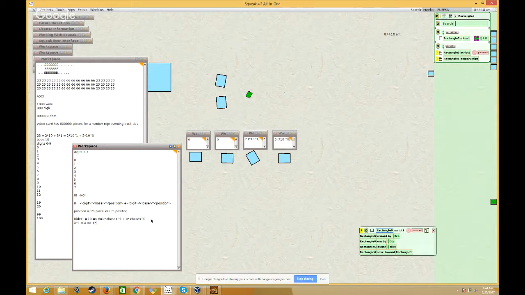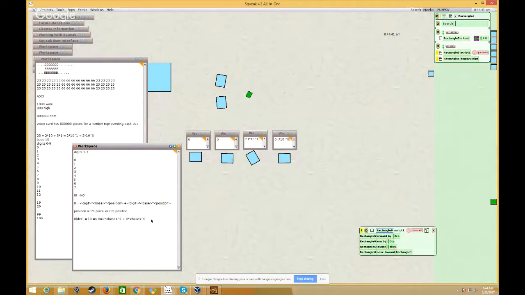So 1 times x to the 1 also equals x. That's easy. So that's my first 1 times base to the 1. That's probably confusing. We'll just leave it as base.